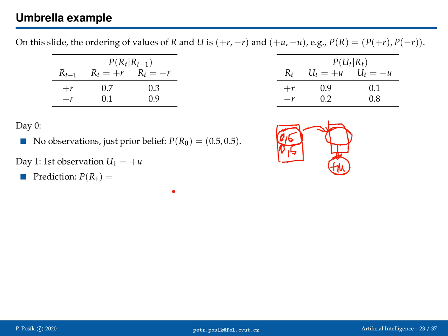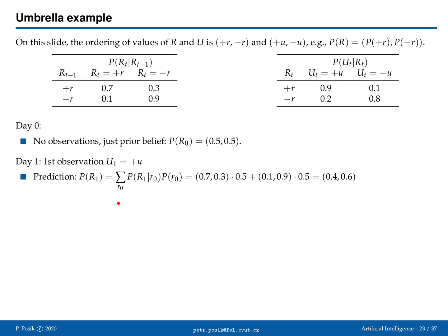So how do you do that? You will first do a prediction. You will use the transition model and your previous belief over the states to predict one step ahead and get the prediction of the weather for today.